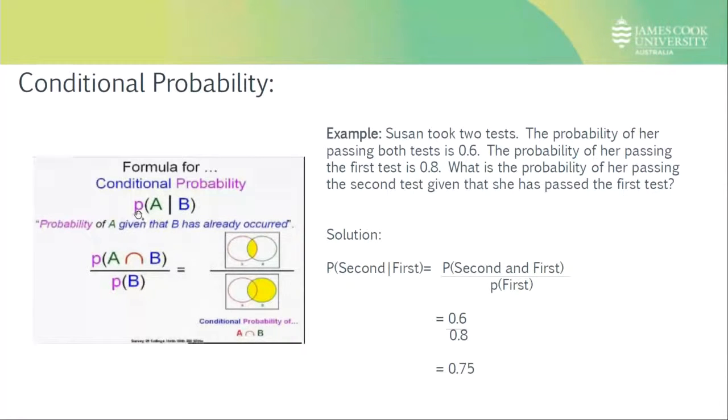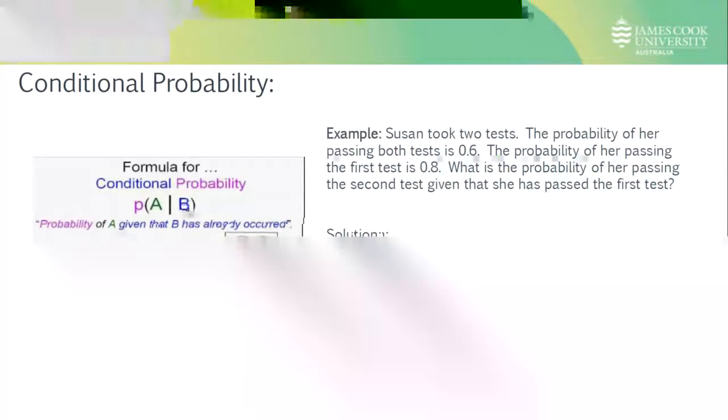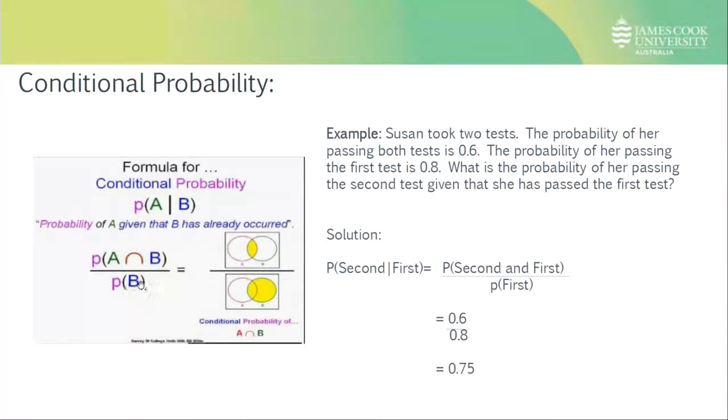Suppose we want the probability of A given that B has already happened. In that situation, we use the probability of A and B divided by the probability of B, the term which has already happened.